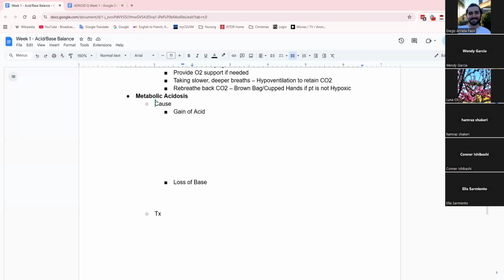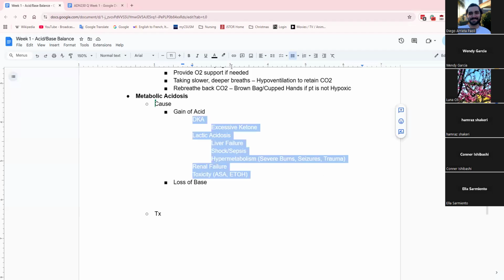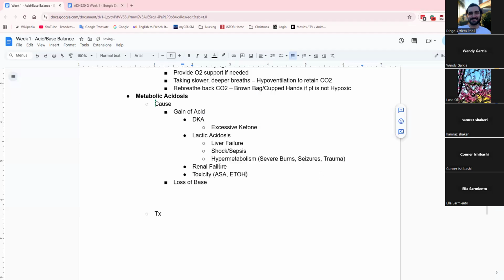Yes, all right, that's all the ones I was looking for. Yes, hypermetabolism. So we talked about DKA, and lactic acidosis can be included with liver failure and shock, not just septic shock, but shock in general, hypovolemic shock. Same thing because you don't have enough perfusion. Even cardiogenic shock, any type of shock where you're not getting enough circulation going. Hypermetabolism.